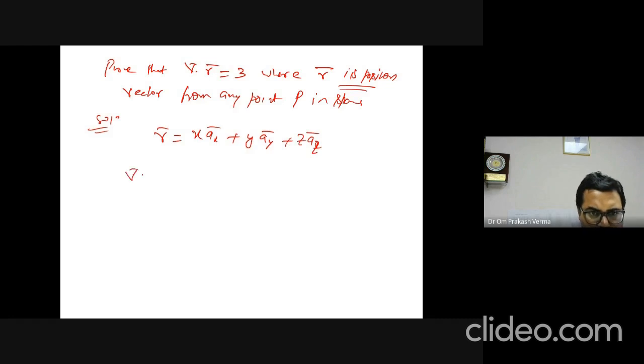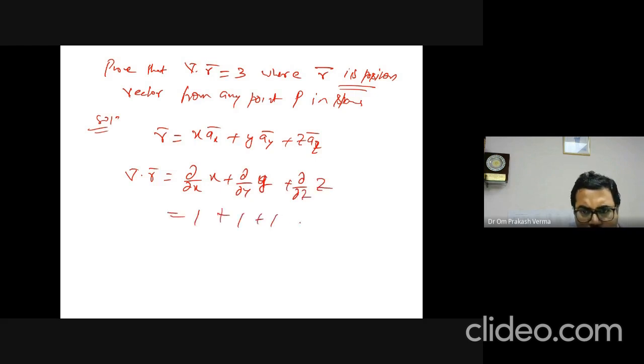The divergence is calculated as del of del x of x, plus del of del y of y, plus del of del z of z. So it will give 1 plus 1 plus 1 equals 3.